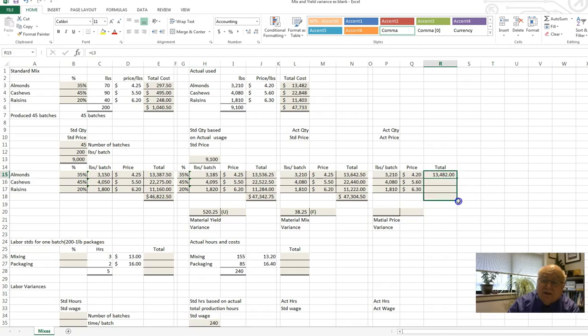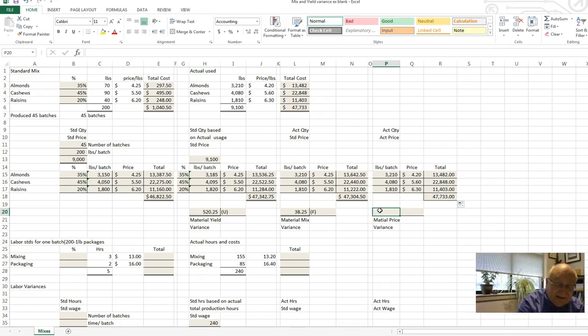And the difference is equal ABS, the 47,304 minus 47,733 is 428. And again, it would be a negative number if you did it, so it would be unfavorable. Now if it's negative, it's unfavorable. So that's the material price variance.